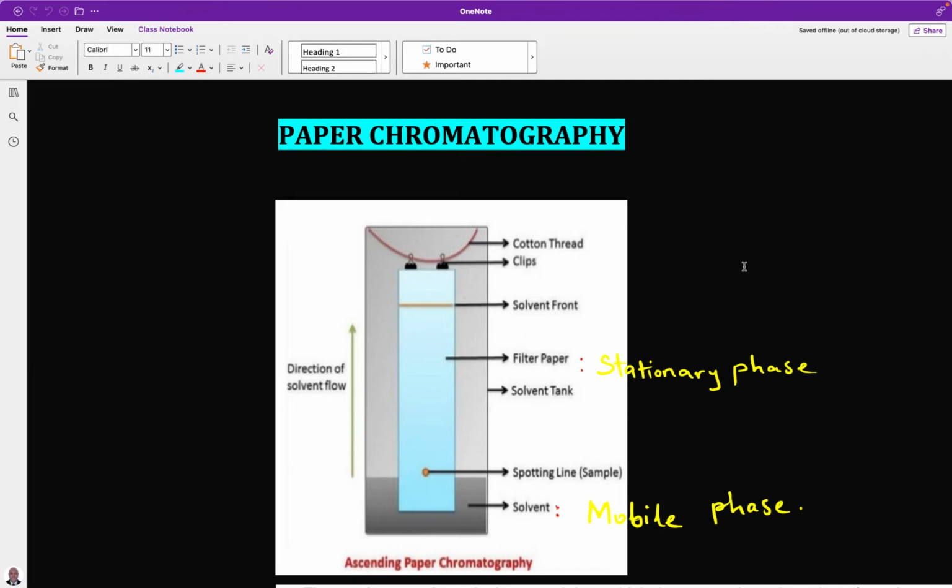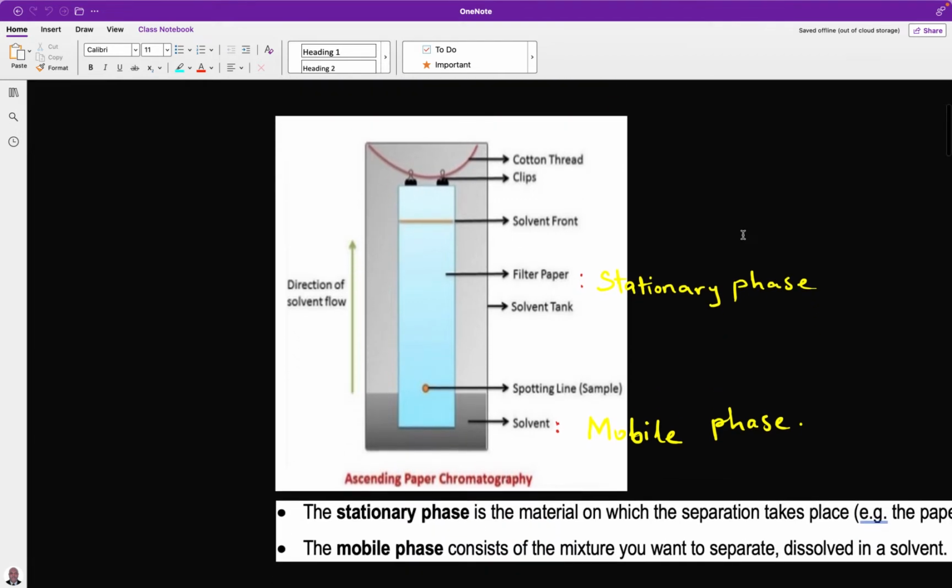And above all, in the health sector, especially in hospitals, it is used to detect alcohol levels in a patient's bloodstream. So this technique is very, very important.